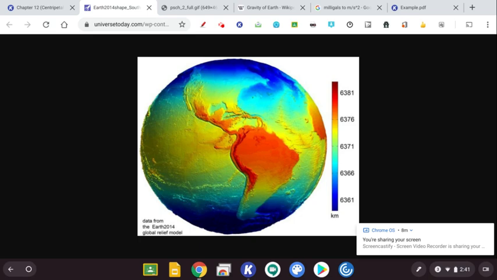But even with that said, that the Earth is not a perfect sphere, it's also not perfectly homogeneous in its density, because there are places where there are denser rock. There are places where the core is closer to the surface. And so that means that with a change in radius and a change in the density of the rock structure, we are going to see a gravitational change at various points around the Earth.